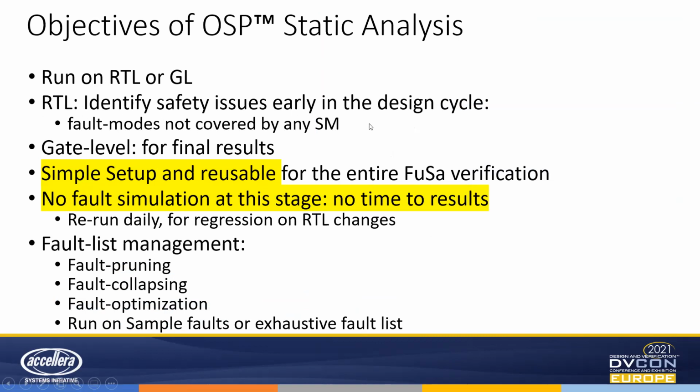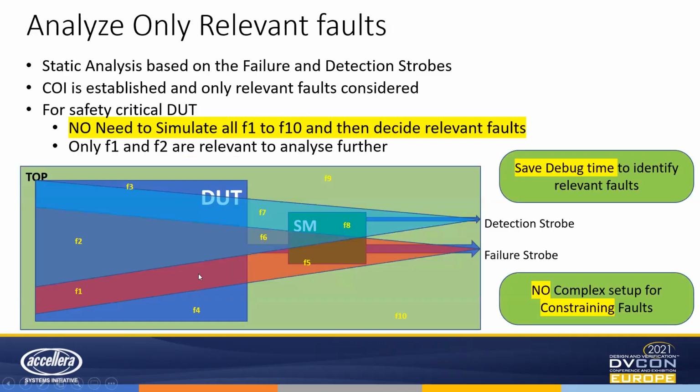RTL, because we want to identify safety issues very early in the design cycle, and gate level for the final result or sign-off of your fault analysis. It should be simple enough and reusable for the entire DUSA verification. And no fault simulation at this stage, because we want to do it fast and quick to get started with FMEDA. One of the requirements also is fault list management, where you can prune the faults, collapse them, and optimize them so that you can run on a sample or exhaustive fault list.